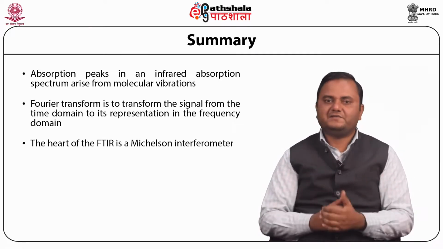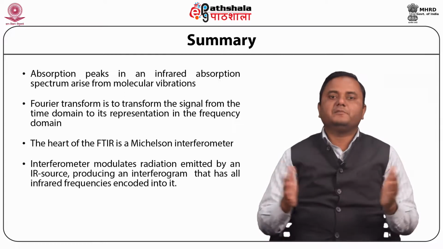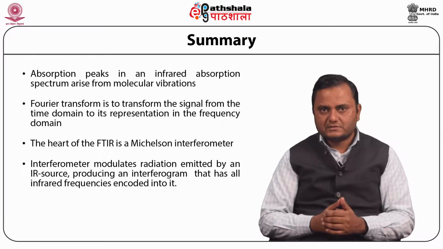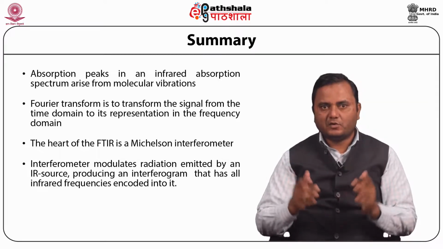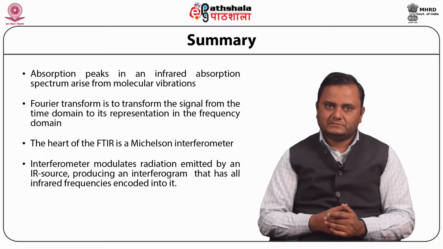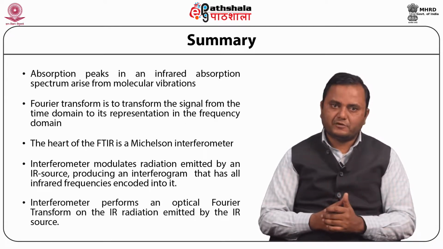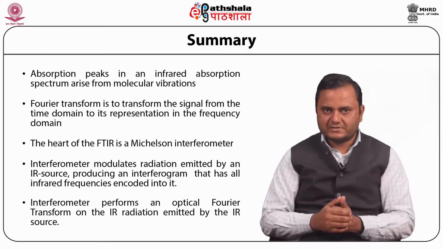And the heart of FTIR is the Michelson interferometer, which modulates radiation emitted by an IR source, producing an interferogram that has all IR frequencies encoded into it. The interferometer performs an optical Fourier transform on IR radiation emitted by the IR source.